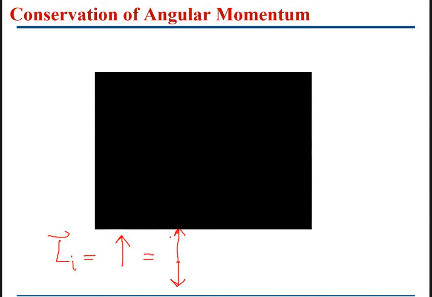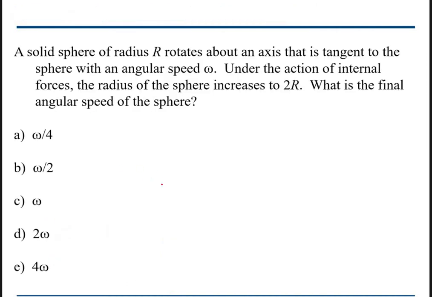These two vectors should add up to give you this vector, so that the angular momentum stays constant. So L final has to be equal to L initial. This is something very non-intuitive from my perspective, and it's a very important physical principle. So let's look at this example of a solid sphere.